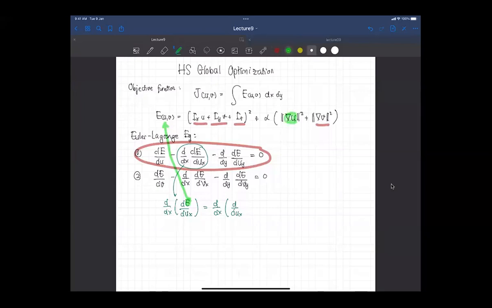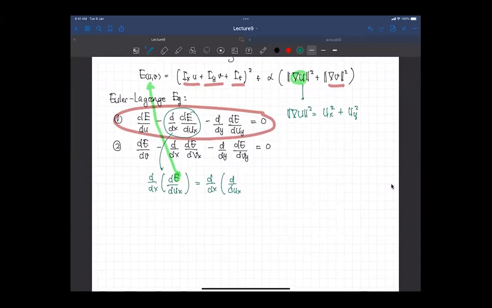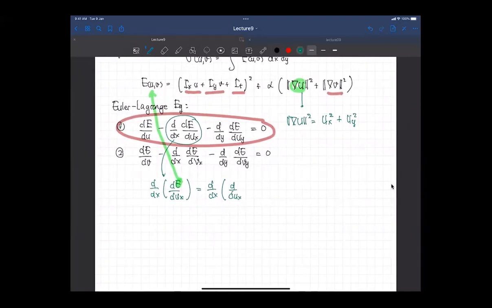Remember that nabla U squared is actually ux squared plus uy squared. So ux is only there for that particular term. So if you do the derivative on E with respect to ux, what will the equation be?